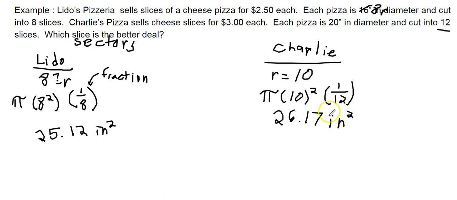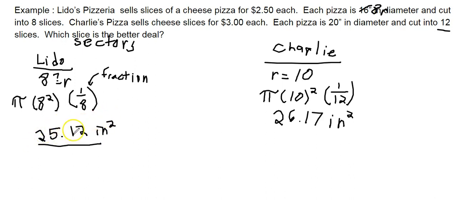So it looks like based on this, Charlie's slice is a little bit bigger, 26.17 inches squared to 25.12. You're getting a little bit more than 1 additional square inch of pizza. Not a lot, really, but now you have to take into account how much it costs. So now I'm going to divide each of these by their cost.